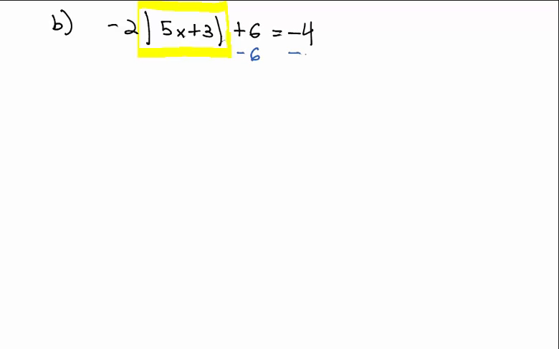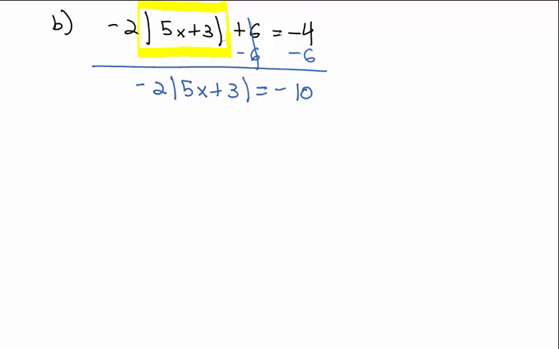And so just like solving other equations, we'll first get rid of the adding and subtracting by subtracting 6 from both sides, leaving negative 2 times the absolute value of 5x plus 3 equals negative 10. And then finally get the absolute value alone by dividing by negative 2.